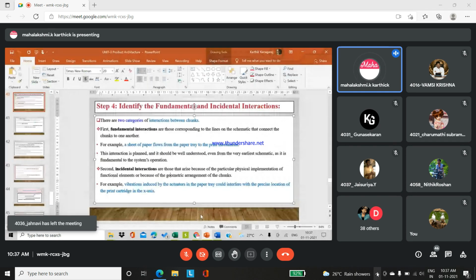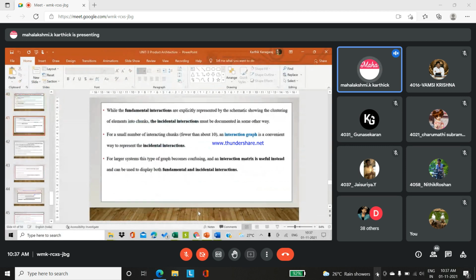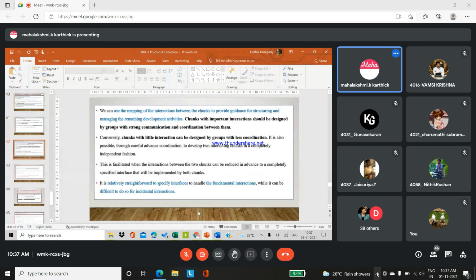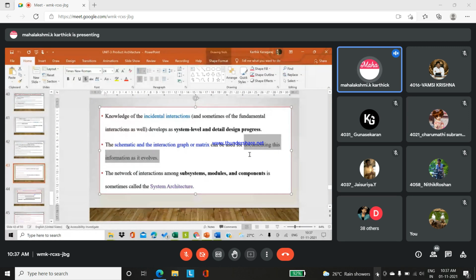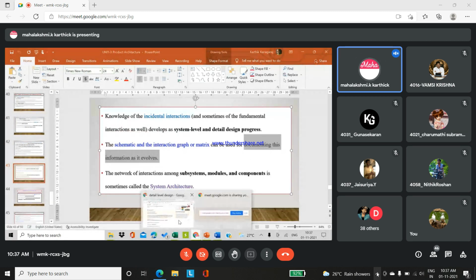Okay, detailed design. இங்க இருக்கு பாருங்க பாயிண்ட். Used for documenting this information as it evolves. So what is that type of documentation here? I have told you in this point.